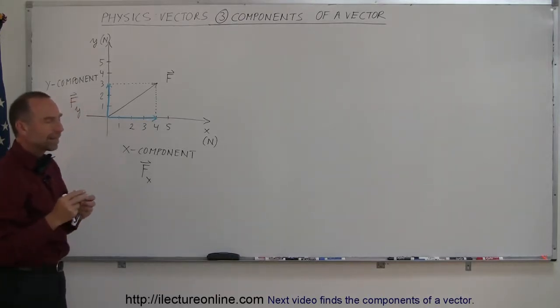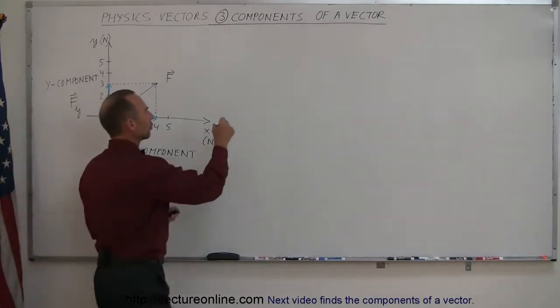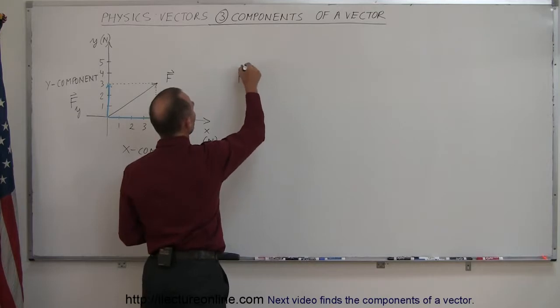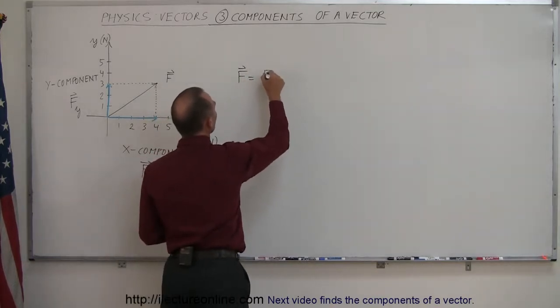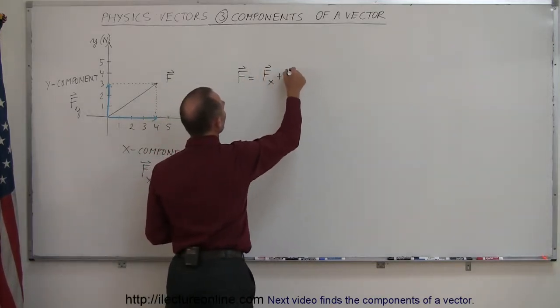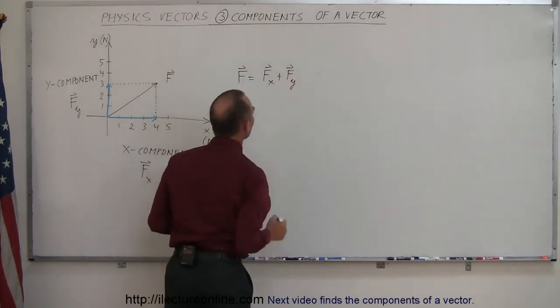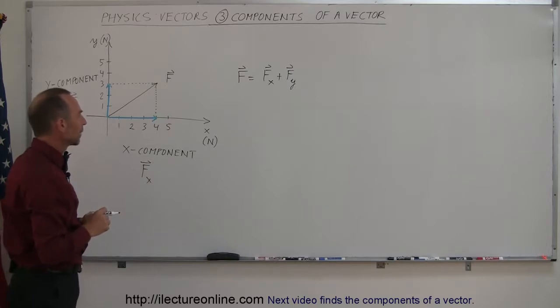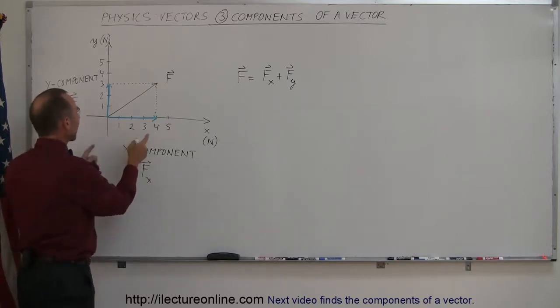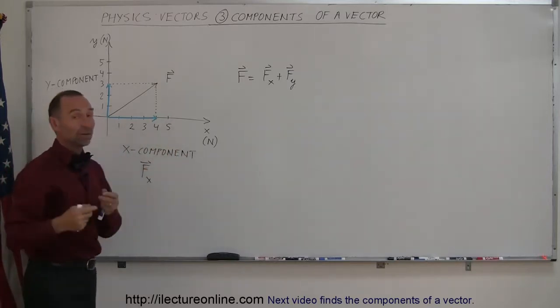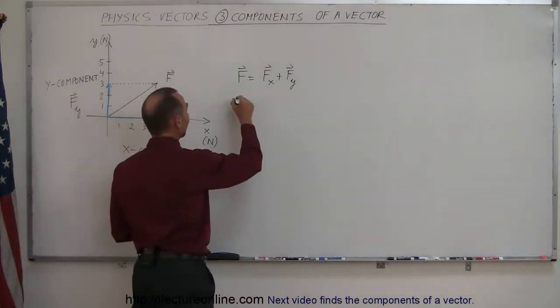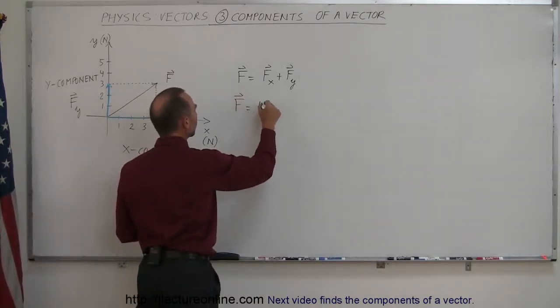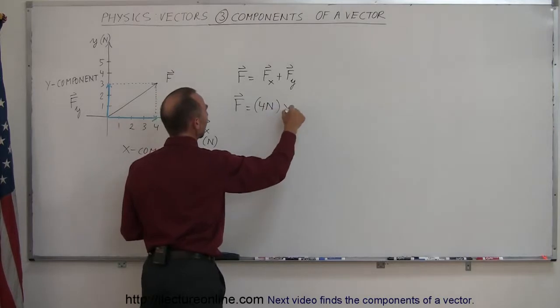And F can now be written as the sum of its components. So I can say that F is equal to the x component plus the y component of the vector, simply the sum of the two components. Now, the x component has a magnitude of 4, and it's in the x direction, so I can write F, therefore, as 4 newtons in the x direction.